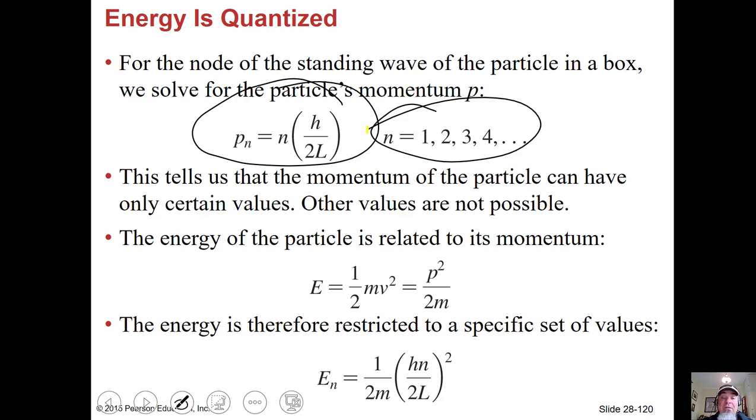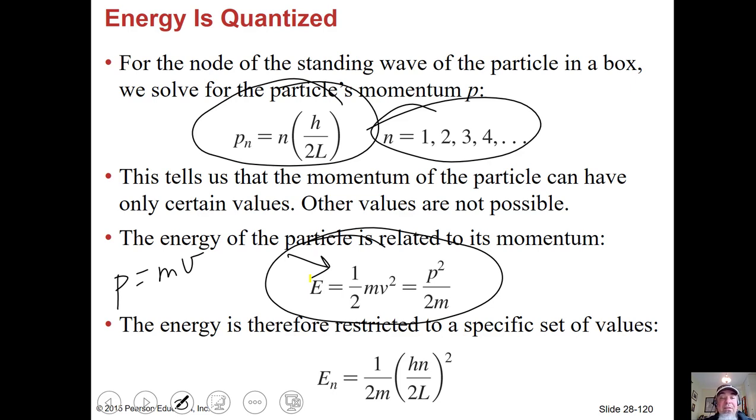Okay, the energy of the particle, we can figure that out too. There's only discrete values for that. So 1/2 mv squared. Now remember, you can write the momentum as m times v. So using that idea, you can go from this equation to that equation.